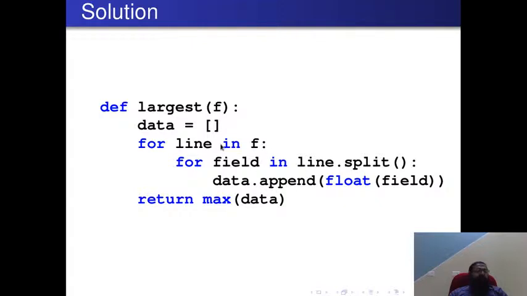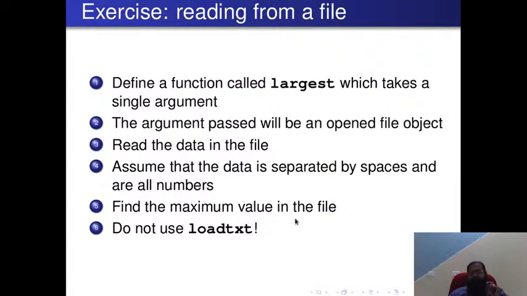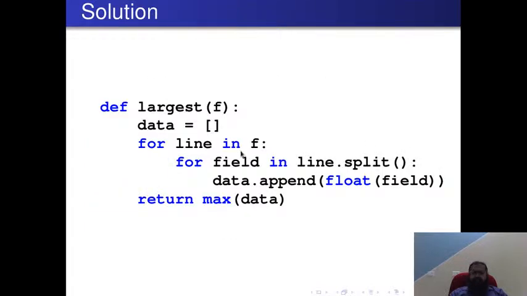This would be much more appropriate, because even when the problem statement says that the numbers are separated by spaces, it is also possible that the numbers could be separated by newline characters as well. So, for line in f, for field in line.split, data.append(float(field)), return max(data). That will also give us the answer.